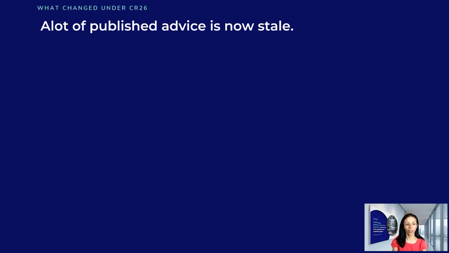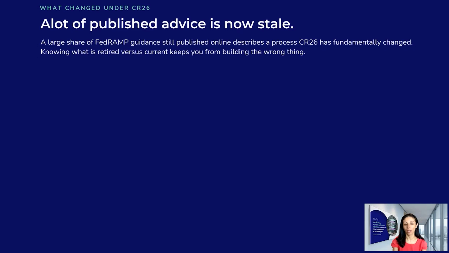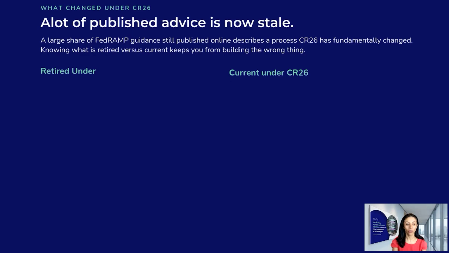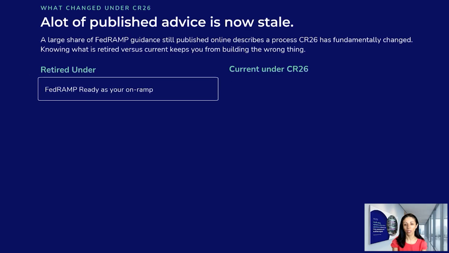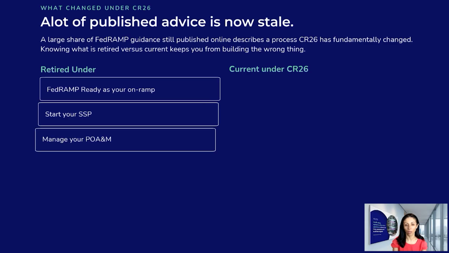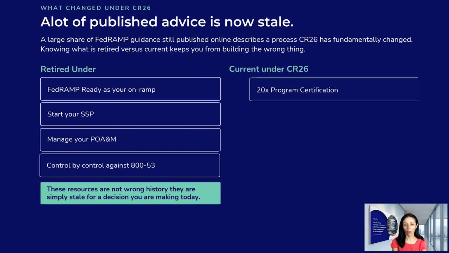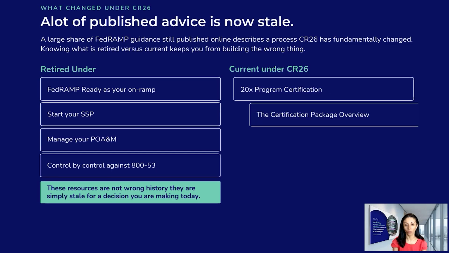So here, some of the changes also with FedRAMP guidance. Retire, right? So what things are coming off now in FedRAMP in general? The FedRAMP Ready that we just talked about, documenting an SSP or system security plan. That is, for many people, a very big relief. A thing of the past with the new Consolidated Rules.